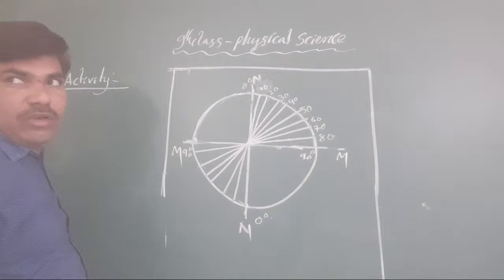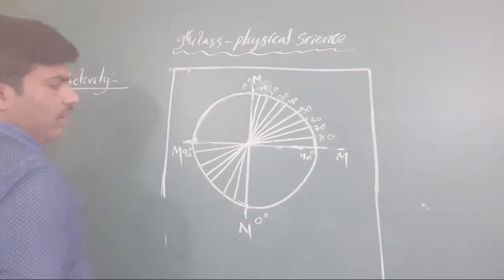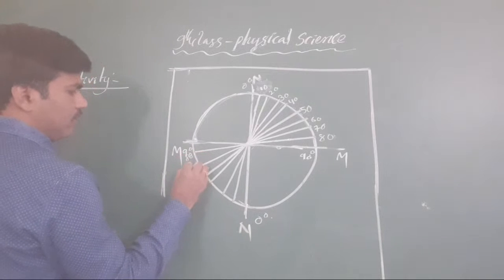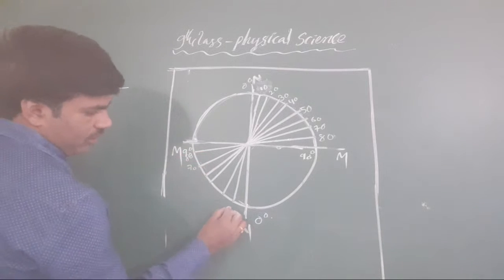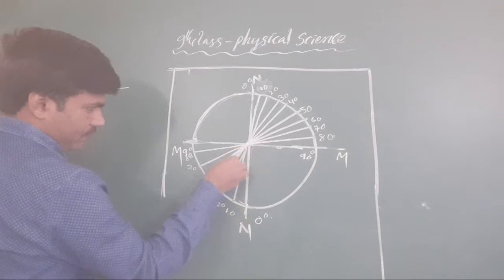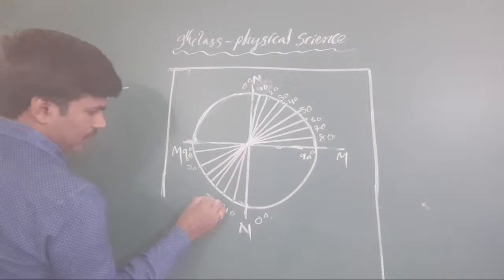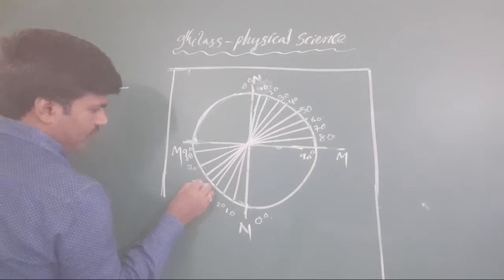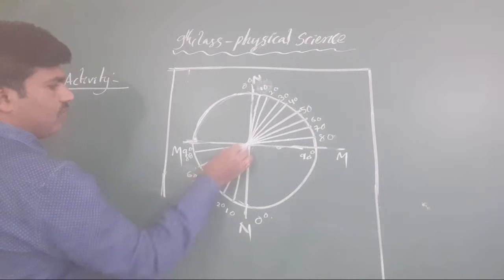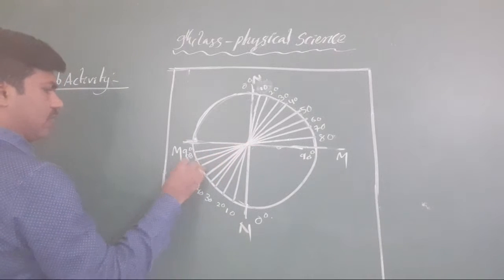In this way only you have to take here. Here it becomes 80, it becomes 70, or you take from 10 to 20, and then 30, 40, 50. Clear or not, all the students? And then 60, and 70.